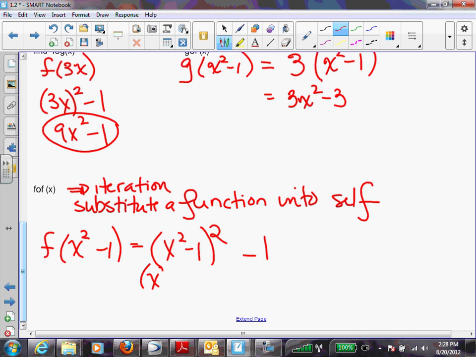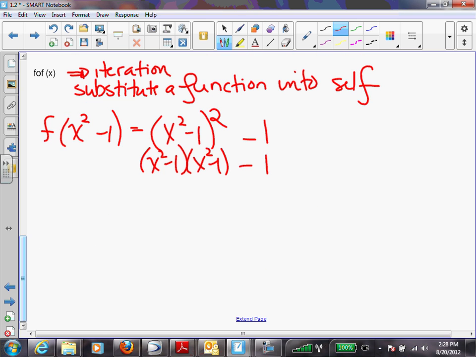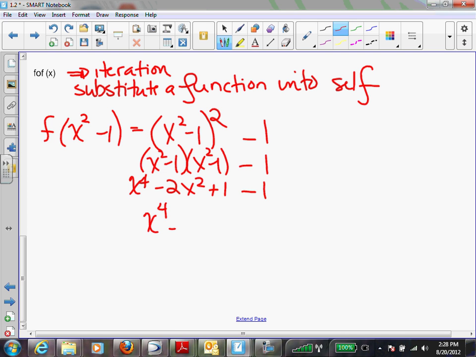So it's x squared minus 1 times x squared minus 1 minus 1. We get x to the 4th minus 2x squared plus 1 minus 1, which is just x to the 4th minus 2x squared. Are we good? Anybody got a question?